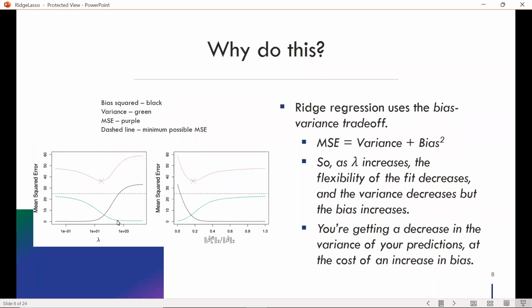So this plot shows you a decrease in the variance of your prediction at the cost of an increase in bias. It's a trade-off. We sacrifice some bias to get a lower variance. That's what ridge regression is doing, and that's why we use ridge regression, to reduce the variance of the model.